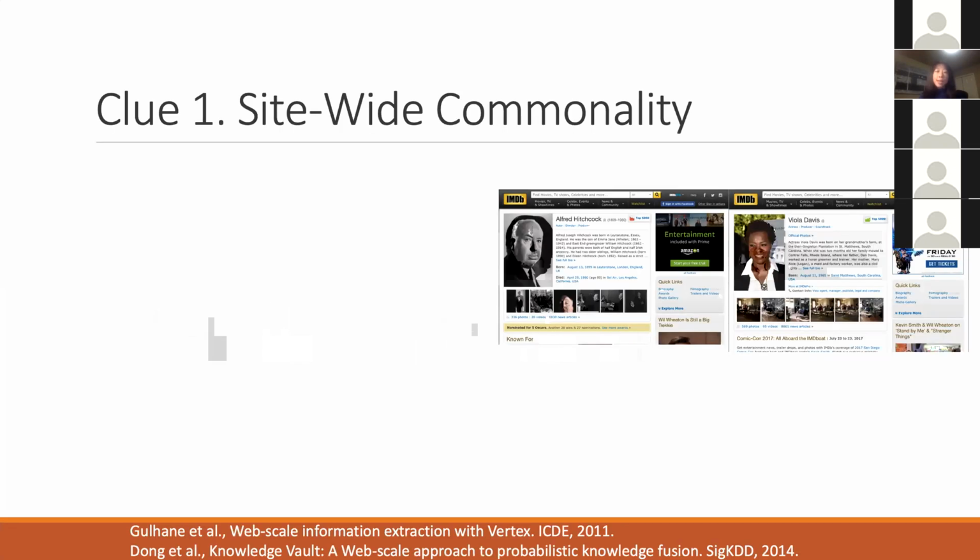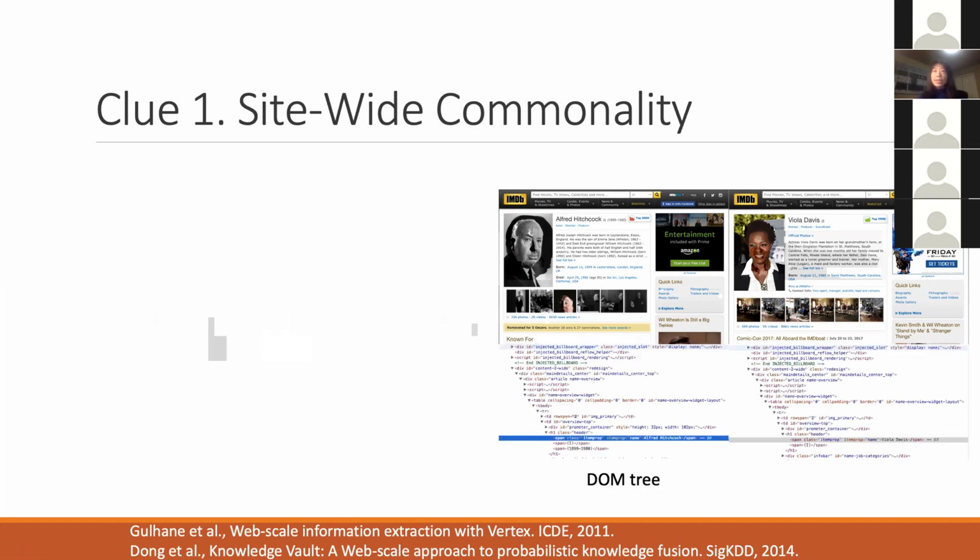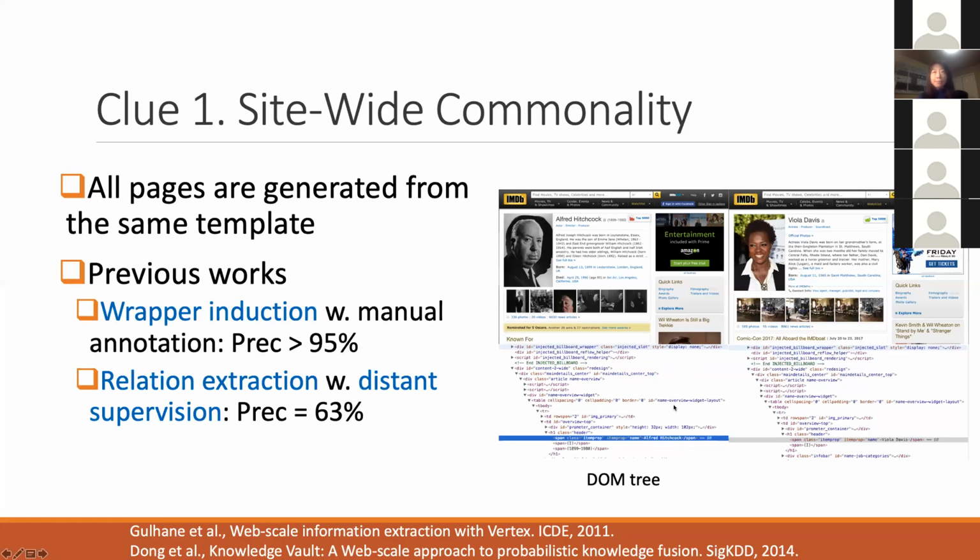So I would say the first clue is the site-wide commonality. If we look at these two pages from IMDb and also the previous examples as well, we can see there are a lot of commonalities. And in fact, if we look at the HTML code behind it, they are populated using the same template.